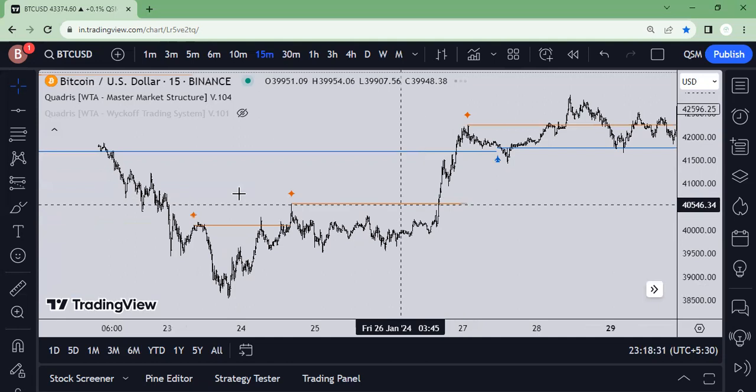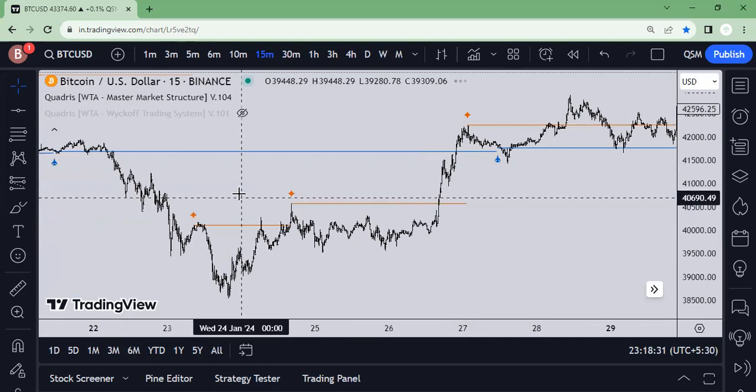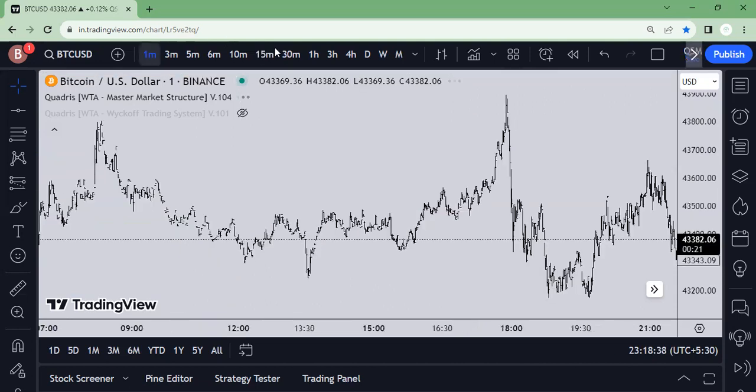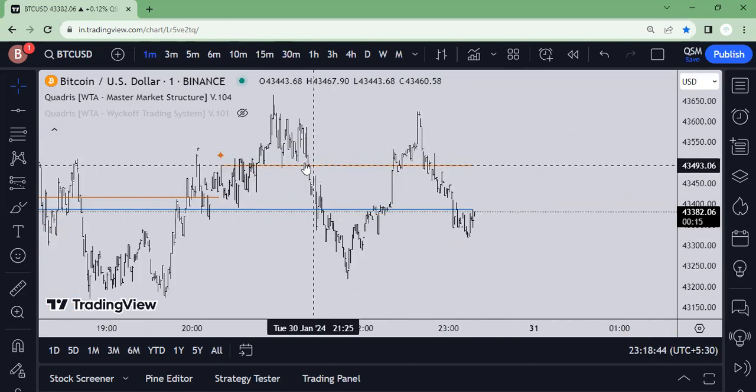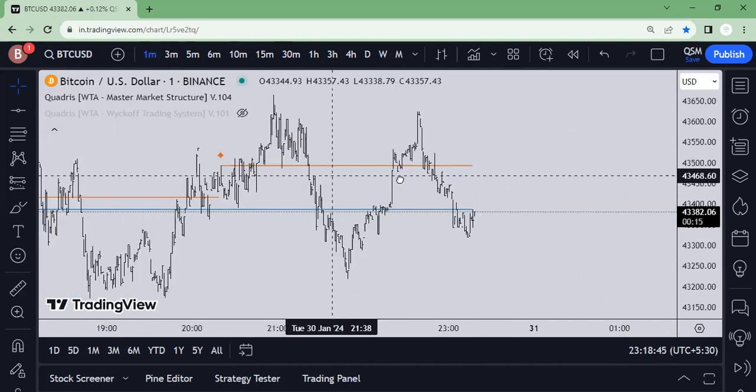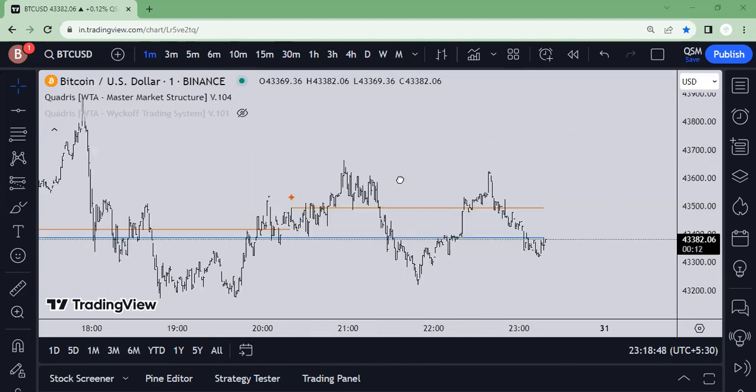Look at this portion. 1 minute. Okay. It works on any time frame, either 1 minute or 1 month or 1 year or 12 years. Doesn't make any difference. It's one of the finest and best.